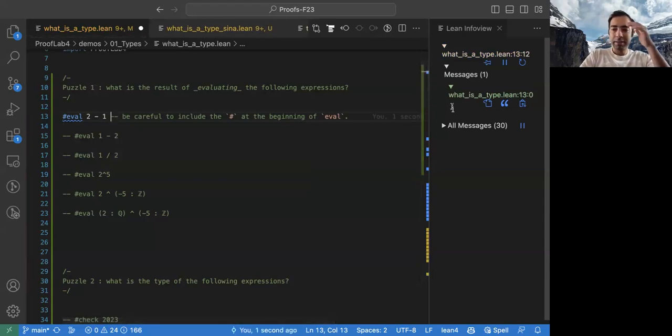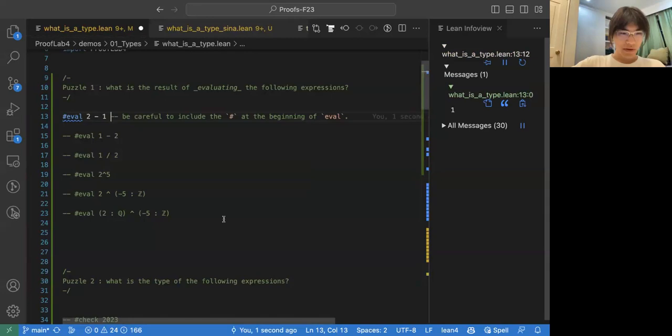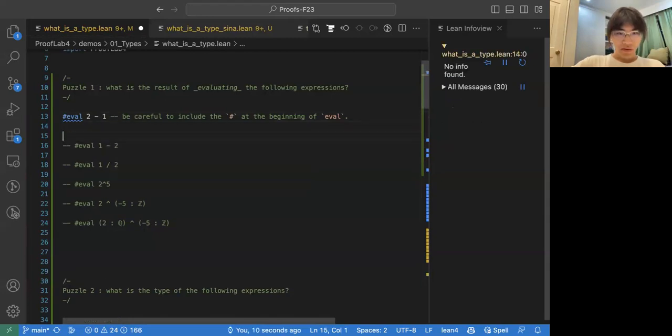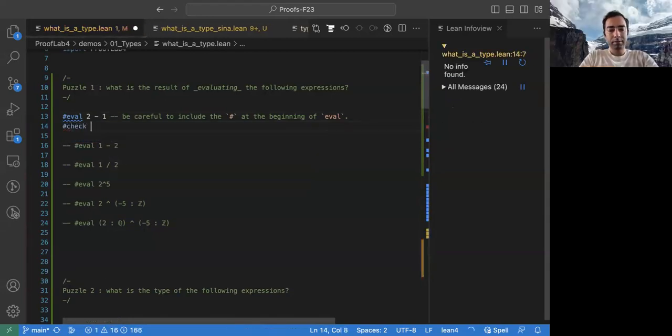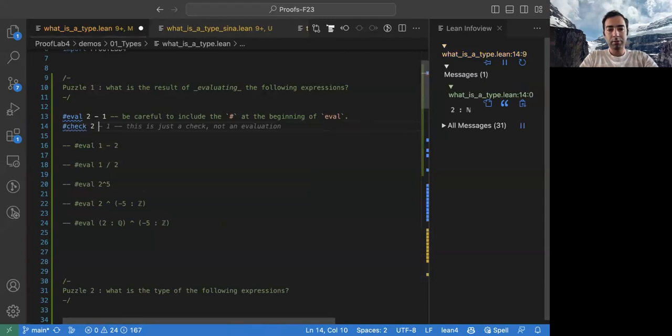Maybe a follow-up question: what is the type of this one? Natural numbers. That's right. And you can check that by the command check. So we actually so far only learned two commands, check and eval. Check gives you the type and eval gives you the result of evaluating that expression.